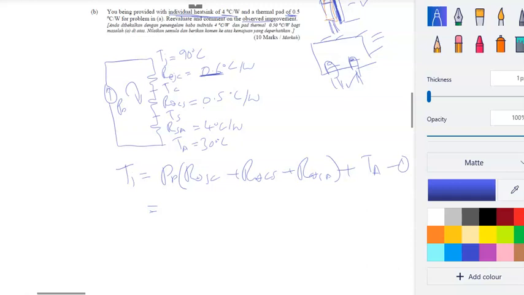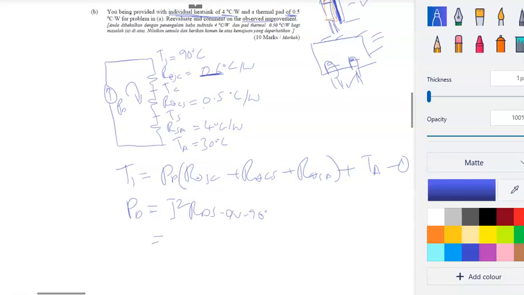Another formula involved here is your PD equal to I square RDS on during 90 degrees C. Just now you have obtained this value.